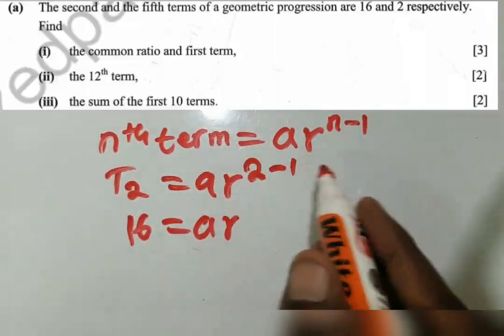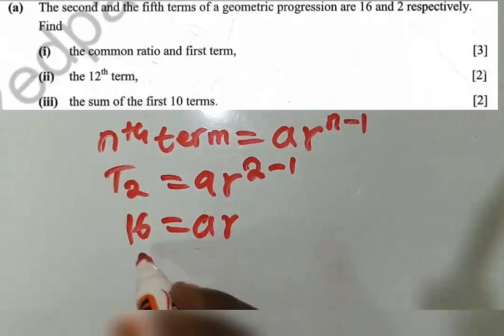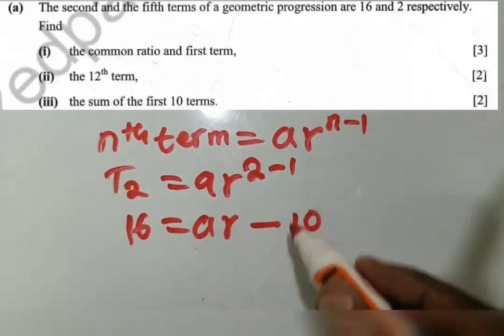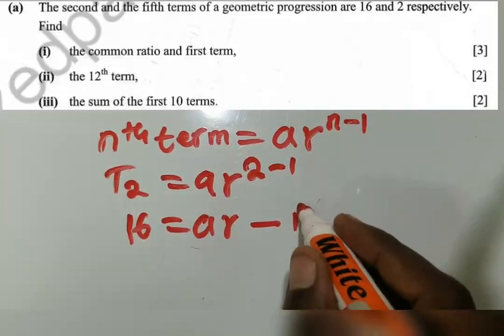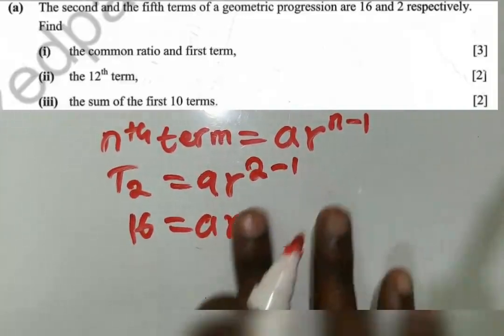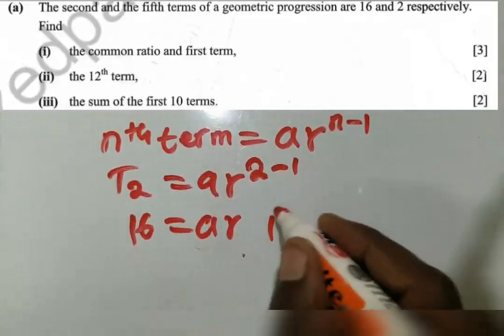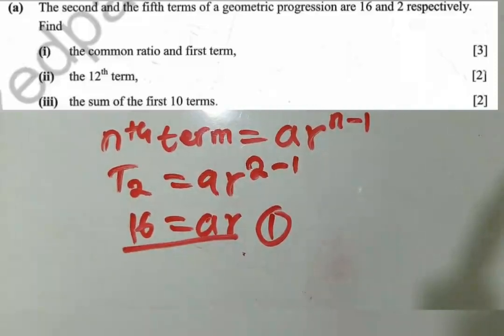What is 2 minus 1? It is just 1. So this is the first equation that we have right there.